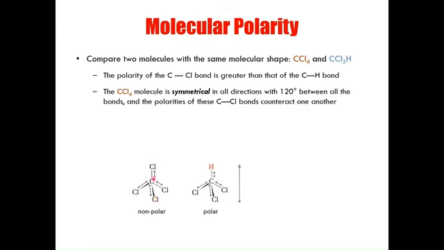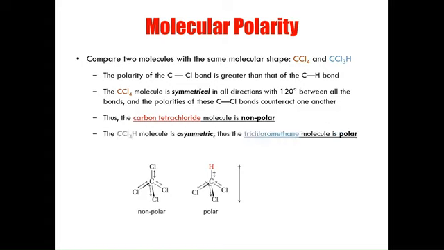And the magnitude of attraction of this chlorine pulling to the left is exactly counteracted by the attraction of this chlorine pulling to the right. And so each of these polar vectors cancel out, causing this molecule with 4 polar bonds to be nonpolar.